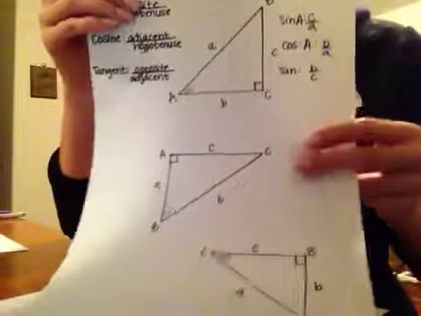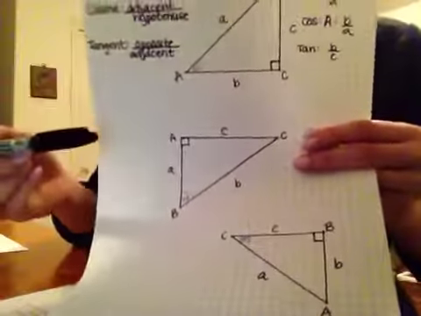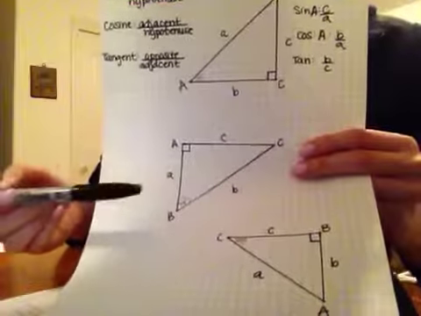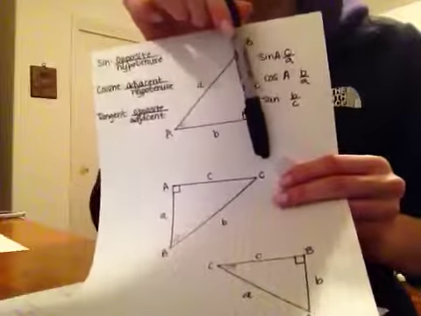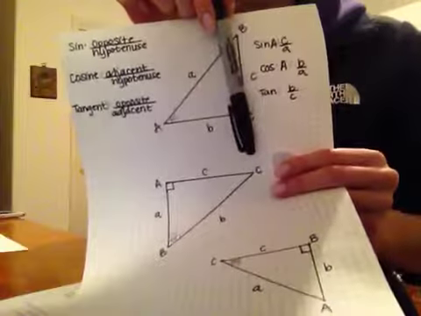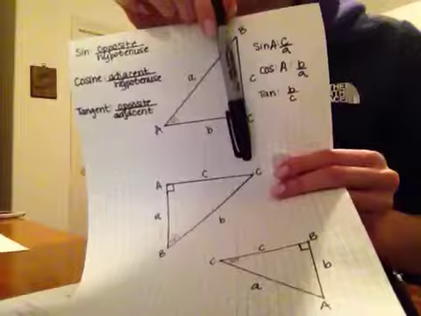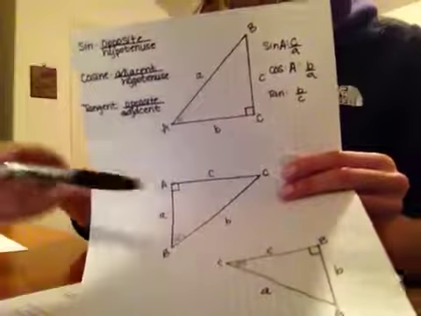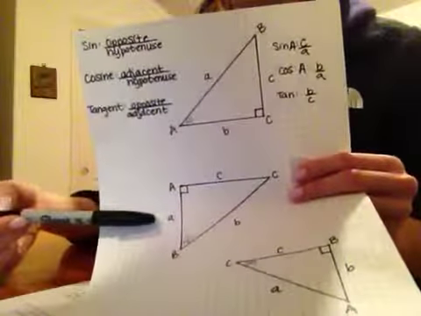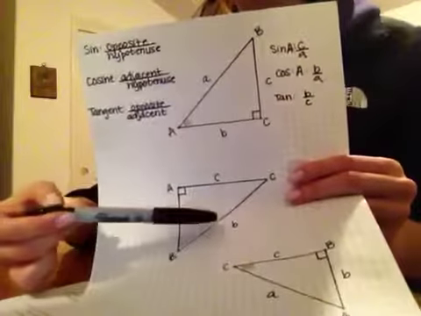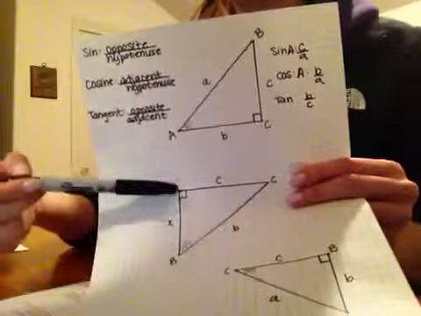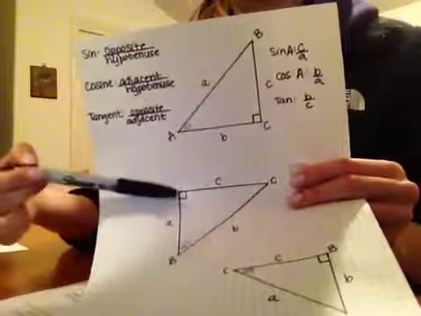Alright, and this next one, if we want to find the sine of C, we would go opposite, which would be A, because it's right across the way, to hypotenuse, which is B, because it's across the way from the 90-degree angle.